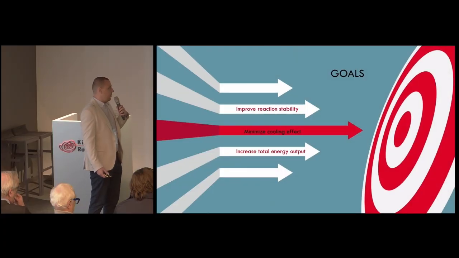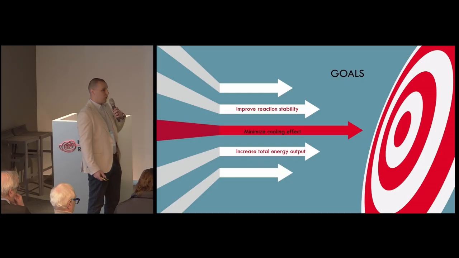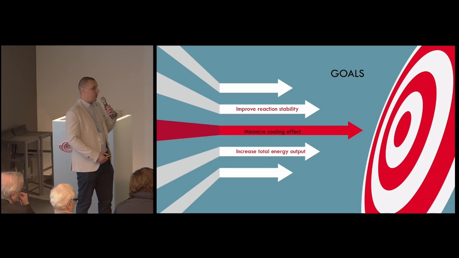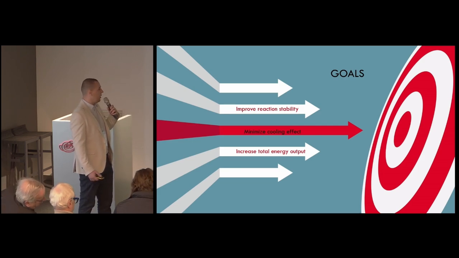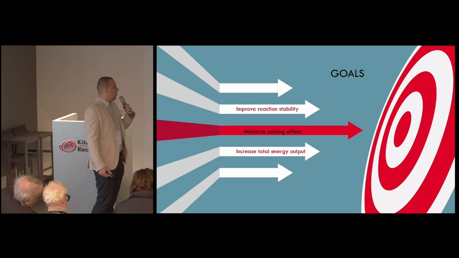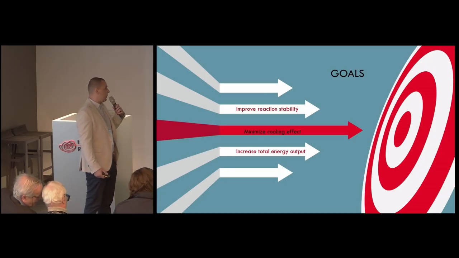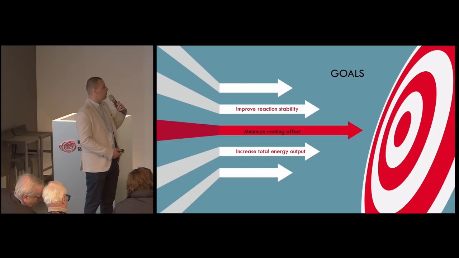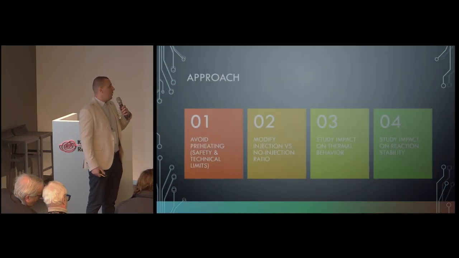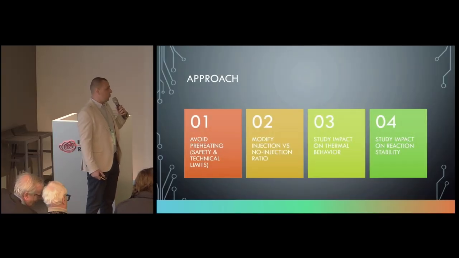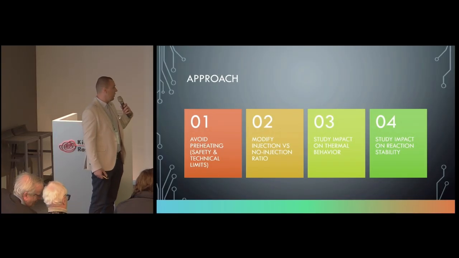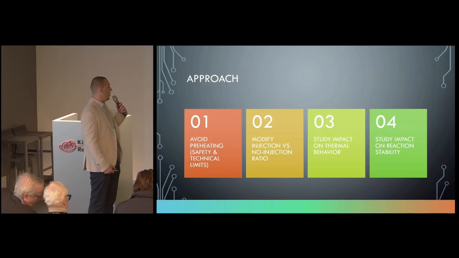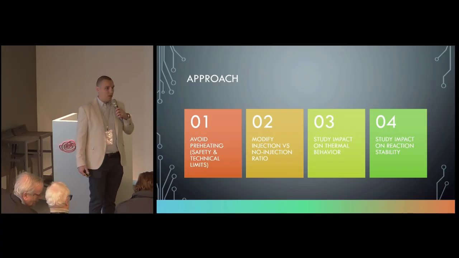The goals are to improve the reaction stability, to have a more stable reaction without transients, to minimize the cooling effect, and, of course, to increase the total energy output of the system. What is the approach we have tried here? For this specific experiment, we are avoiding preheating of the deuterium.